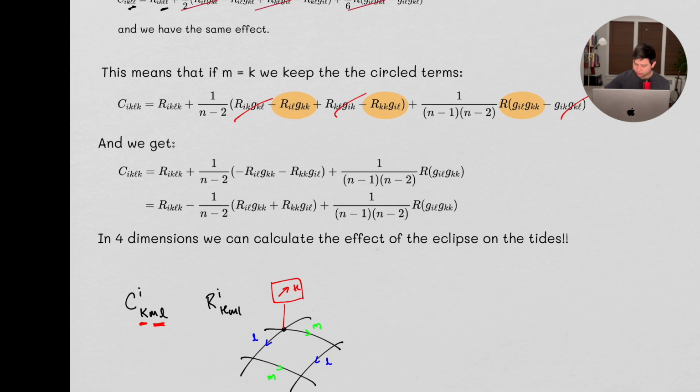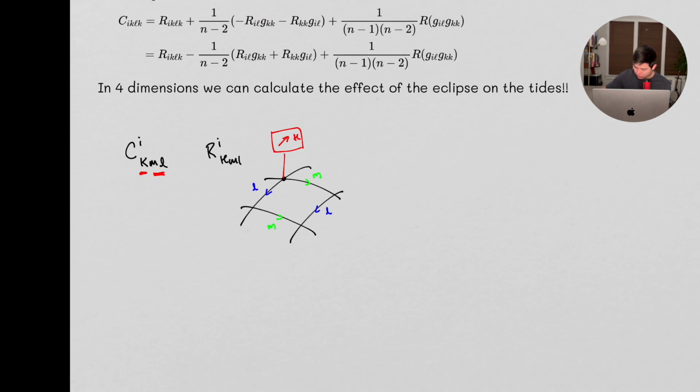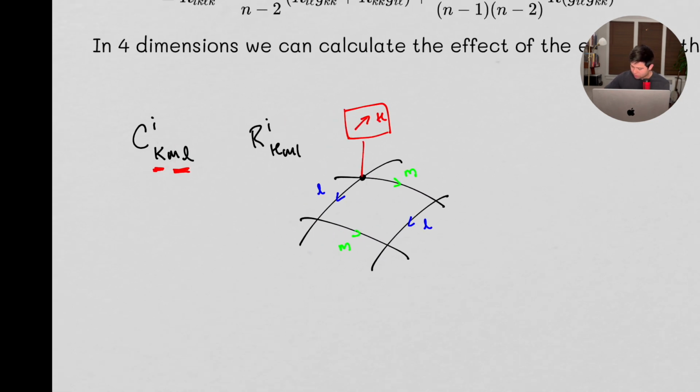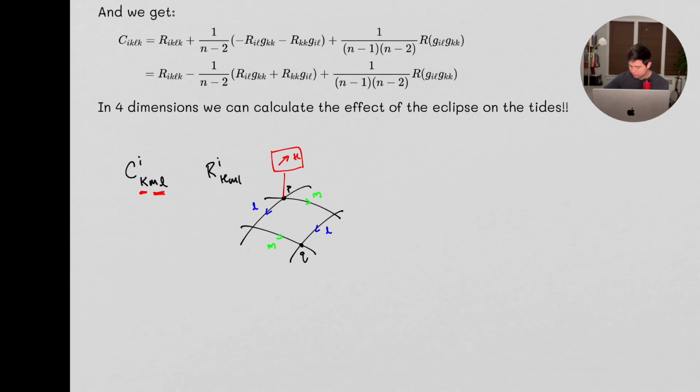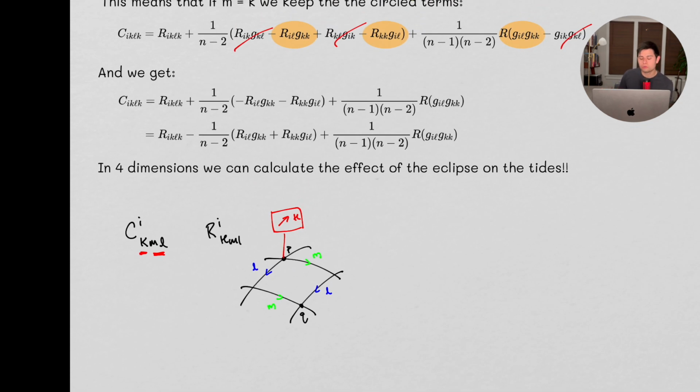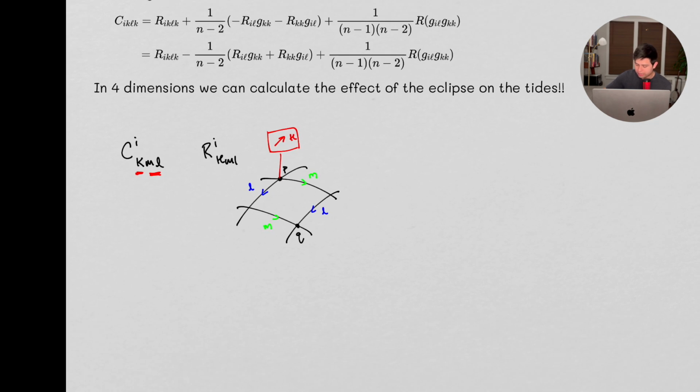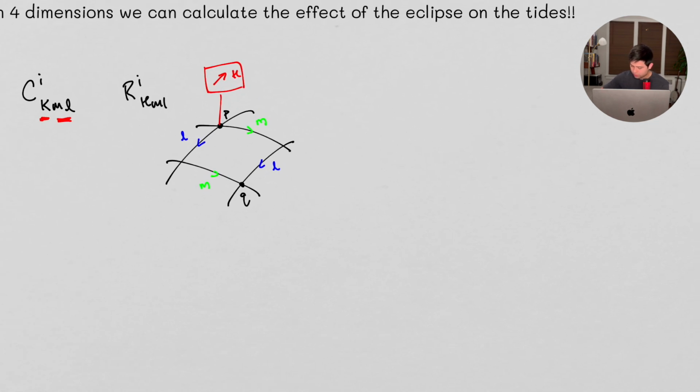And we said here that m is equal to k. So what does that mean? So this m here and this k we're going to say are equal. So what ends up happening is we're traveling along the path of the vector that we're trying to compare between point P and point Q. And so what we end up getting, right, is we're traveling on this manifold.